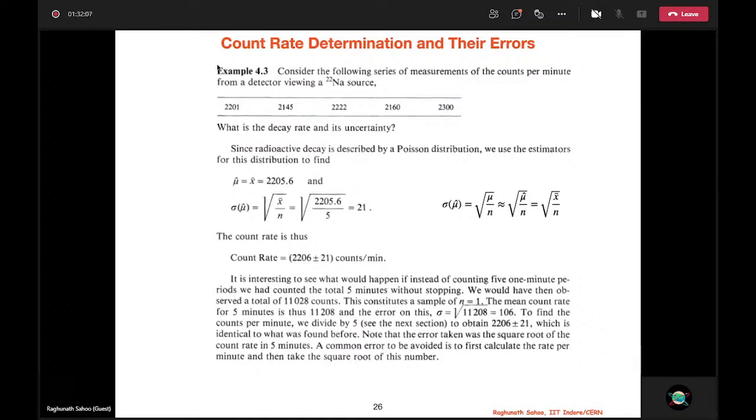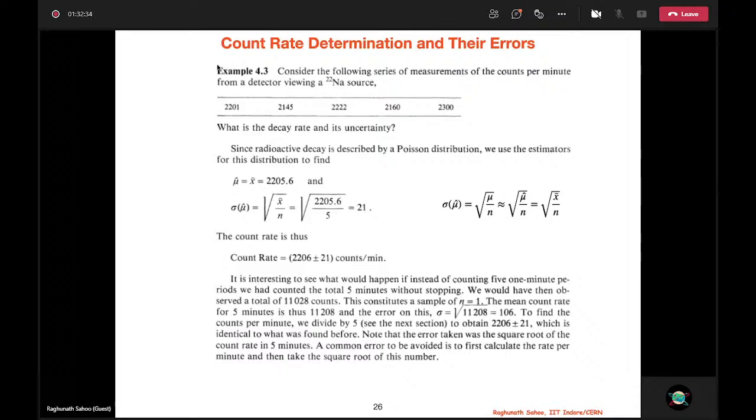The measurements are already given as counts per minute. Since this is radioactive decay, as I told you, the decays are expected to follow the Poissonian distribution, and your mu cap or x bar will be equal to the average of these 5 measurements, which is 2205.6.